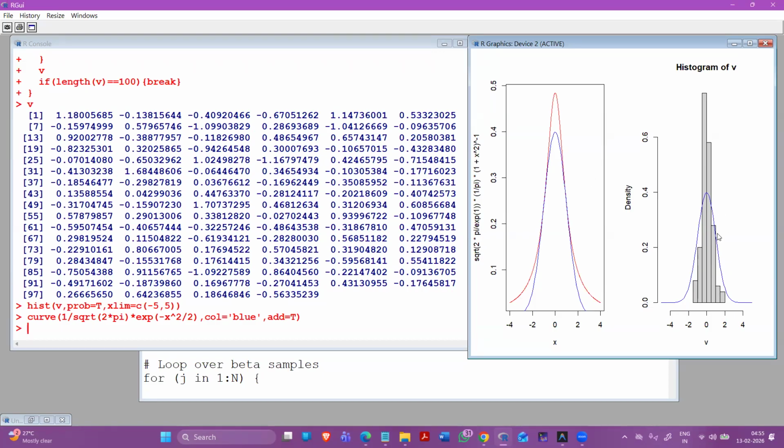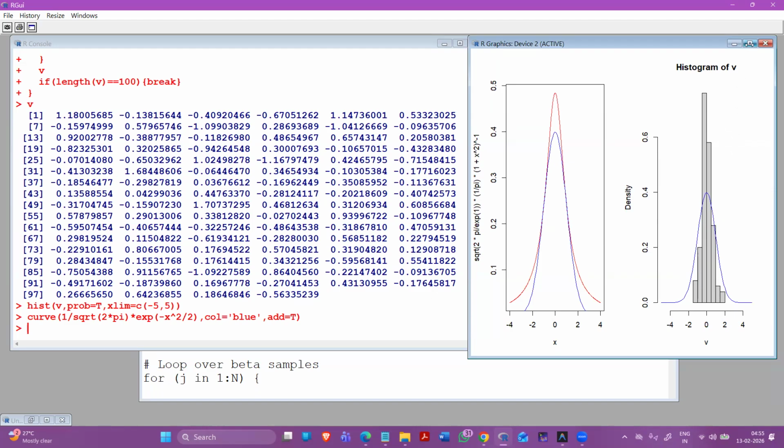This curve, the blue one, is your standard normal distribution, and this histogram is for your generated values. If you check, you will find that almost all the values are under this blue curve. All the values are under this blue curve. Yes or no?